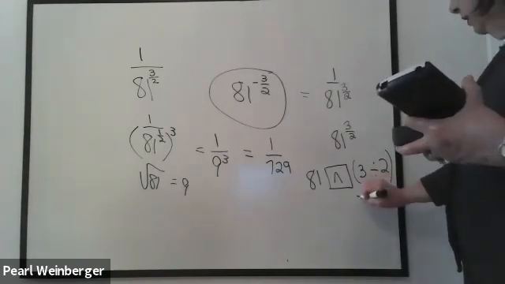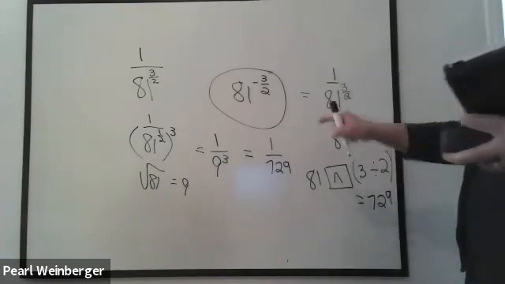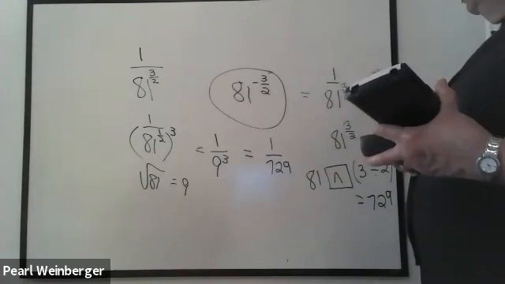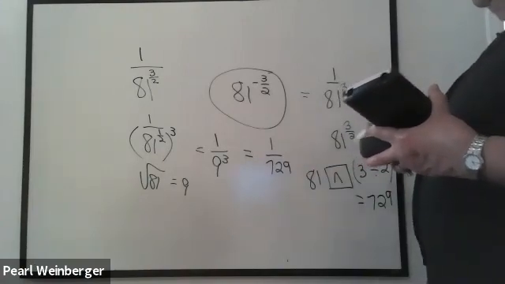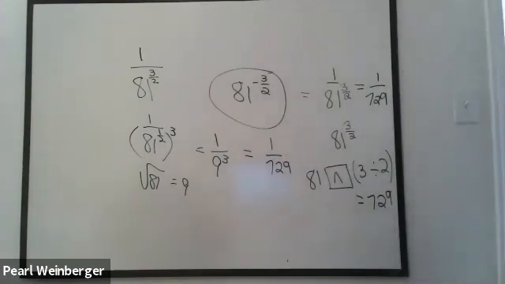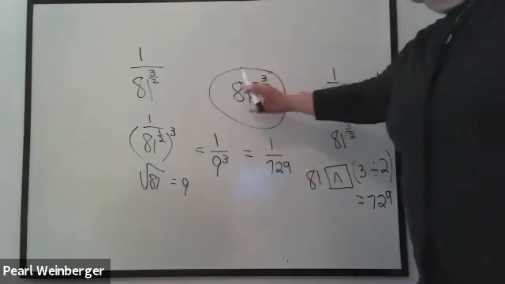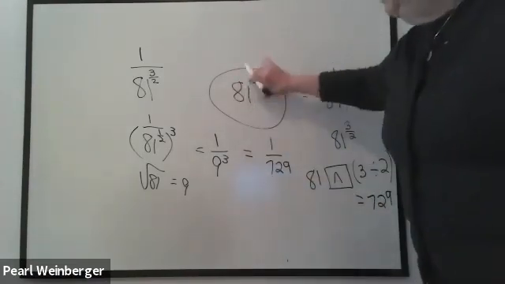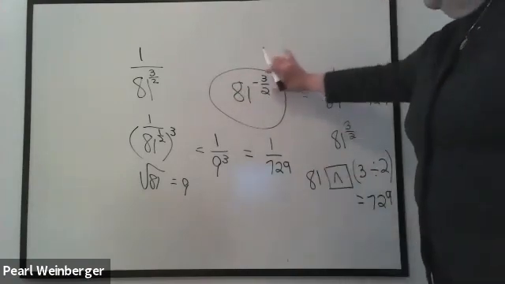And that gives me 729 on my calculator. So my answer is 1 over 729. So I could use my calculator to simplify some of the work there. Again, the negative exponent means take the reciprocal of the base, the number that has the exponent, not the reciprocal of the exponent.